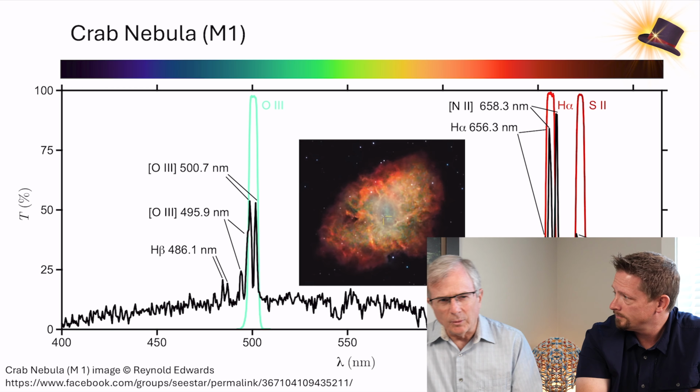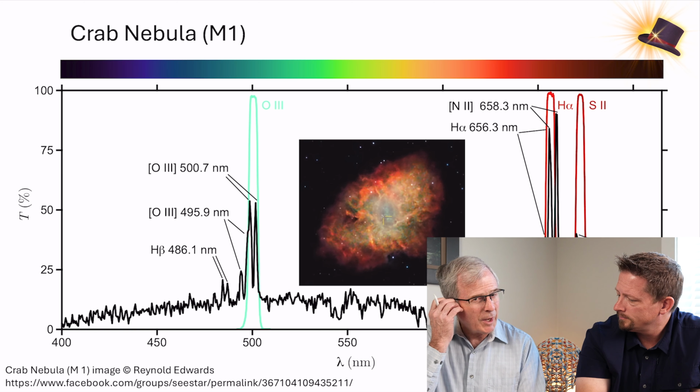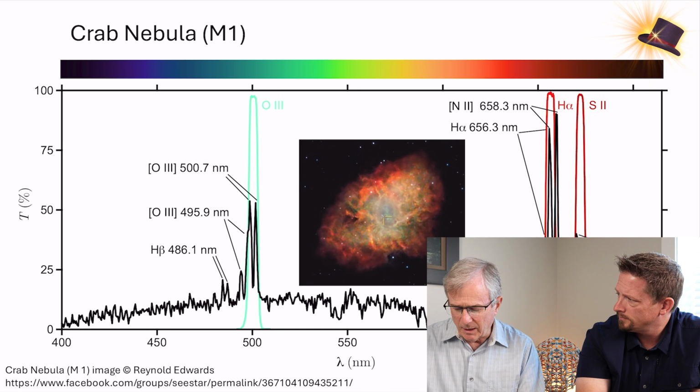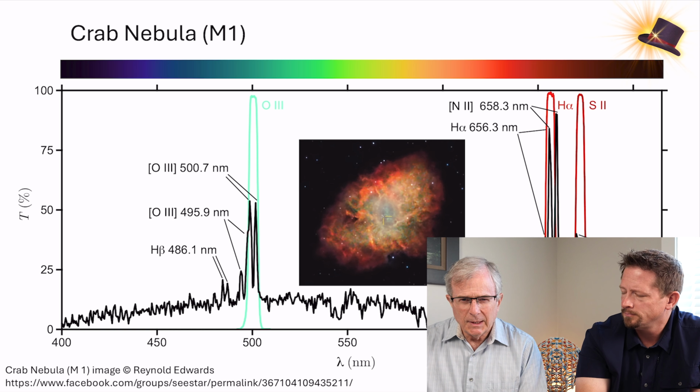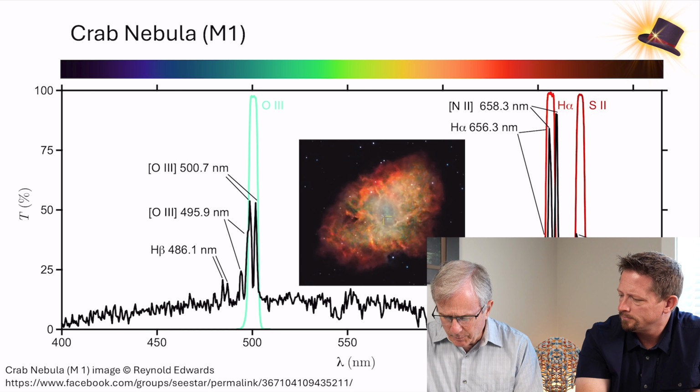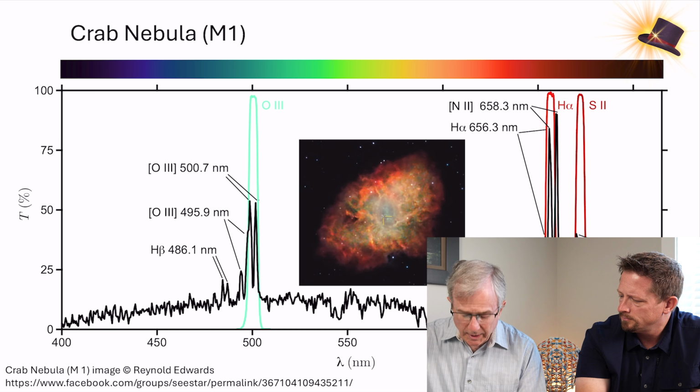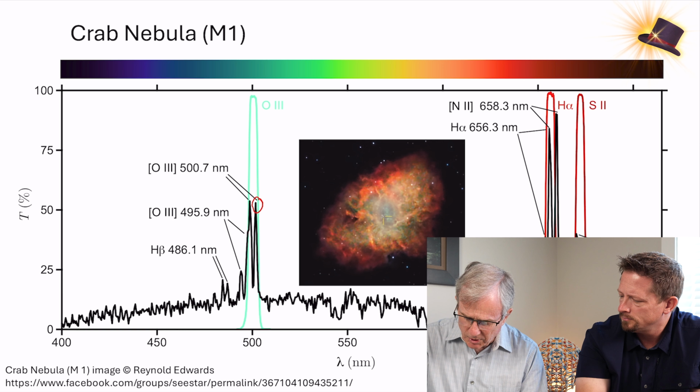So for example, and this was quite a revelation to me when I looked at these data, supplied by Richard Walker, author of the Spectral Atlas for Amateur Astronomers. He supplied this data to me, and I went, wow. And in his book, I noticed this too.